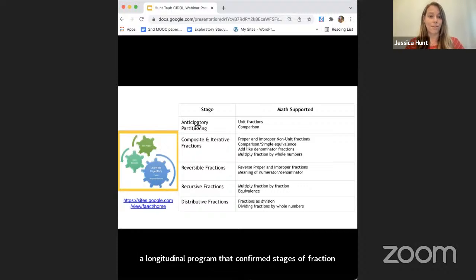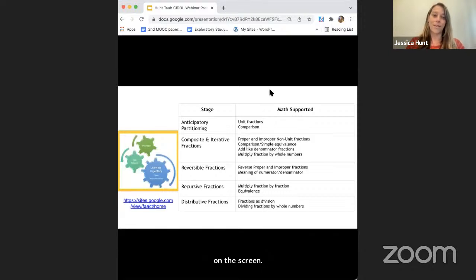So you can see a simplified version of that trajectory on the screen. And this trajectory was specific to students with learning disabilities. And what was interesting was that the results indicated that students with learning disabilities develop fraction concepts using strategies that are similar to students without disabilities. Now, those two groups differ, however, in the cognitive scaffolds that are necessary for success.